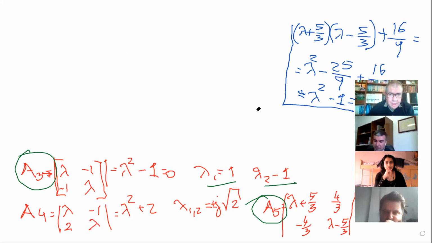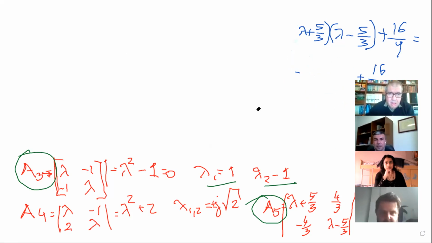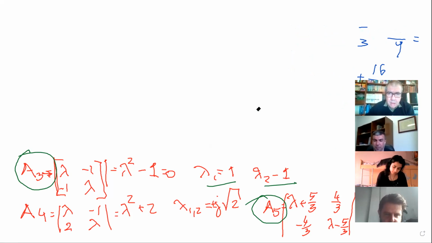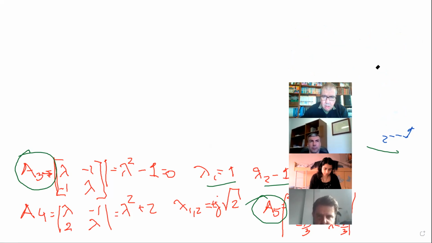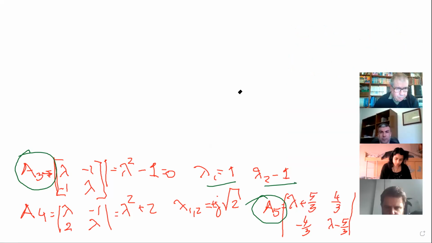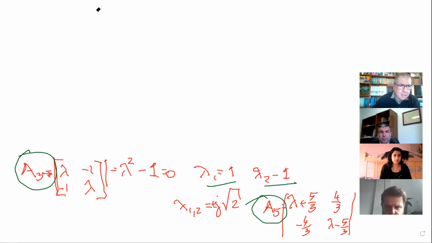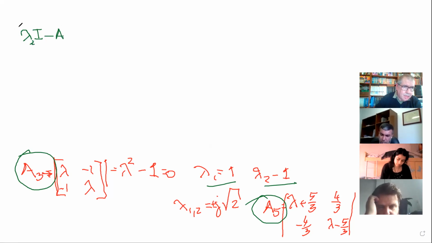So I have to remember, I have to compute lambda I minus A, okay, times Vi equal to 0.